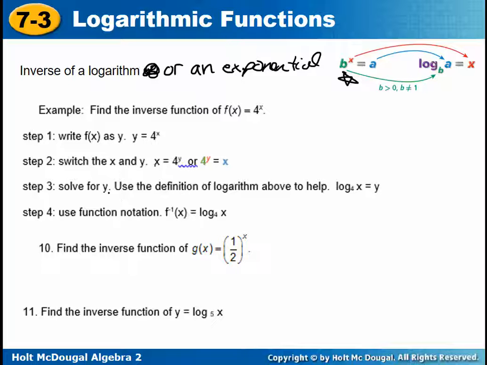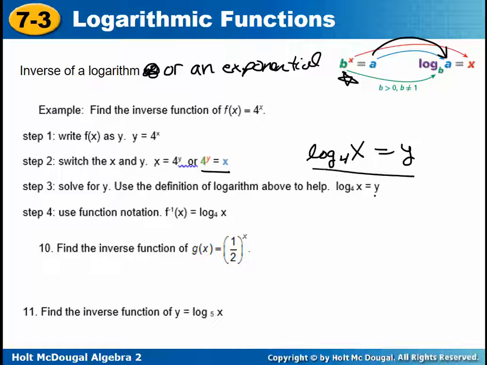All right, next I'm going to solve this for y. To solve this for y, I'm going to just change it to logarithmic form. So my base is 4, so I write log base 4. My y is my exponent, so that's going to go over here. And my x is actually my a, so that's going to go right here.